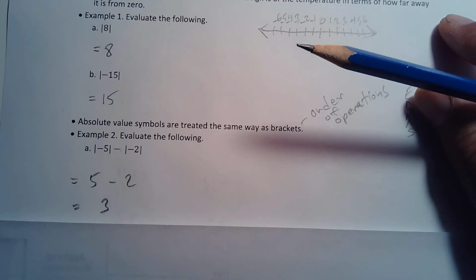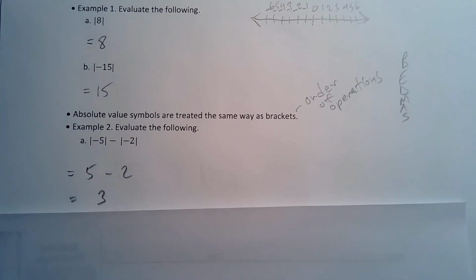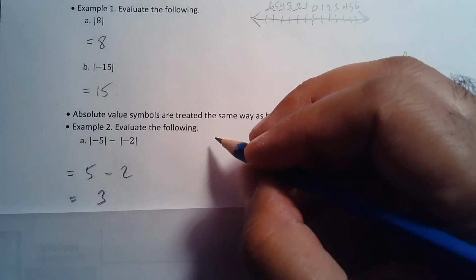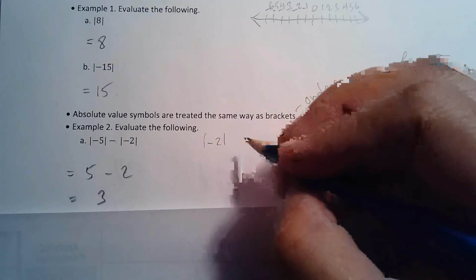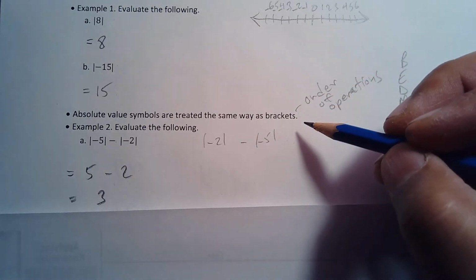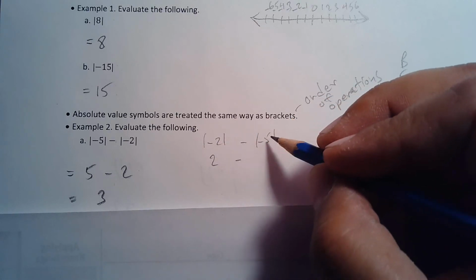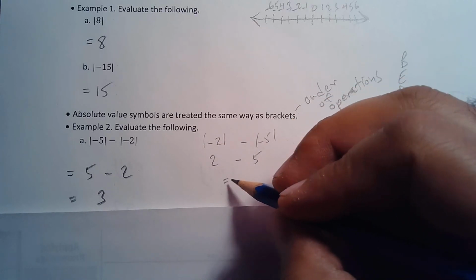Now, let's stick with this question here. If we had the reverse of this question, let's say we had -2 minus absolute value of -5, then this again would be 2, this would be +5, and this would be -3.